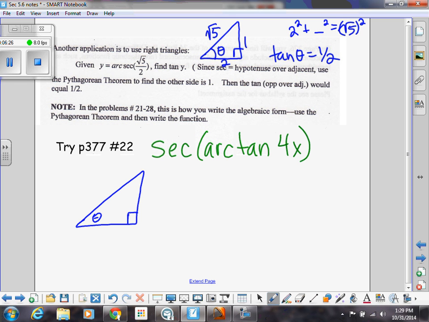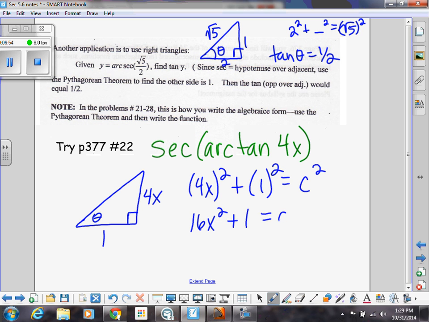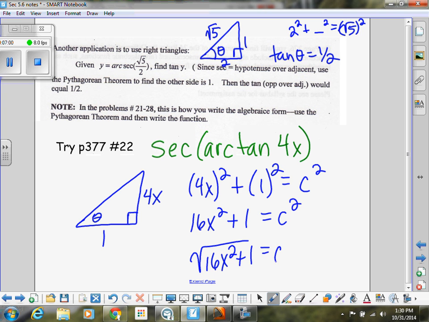So I have some angle, and the tangent is opposite over adjacent, so that's 4x over 1. How would I find the hypotenuse? Pythagorean theorem. So I'm going to do (4x) squared plus 1 squared equals c squared, so that's what my hypotenuse is.